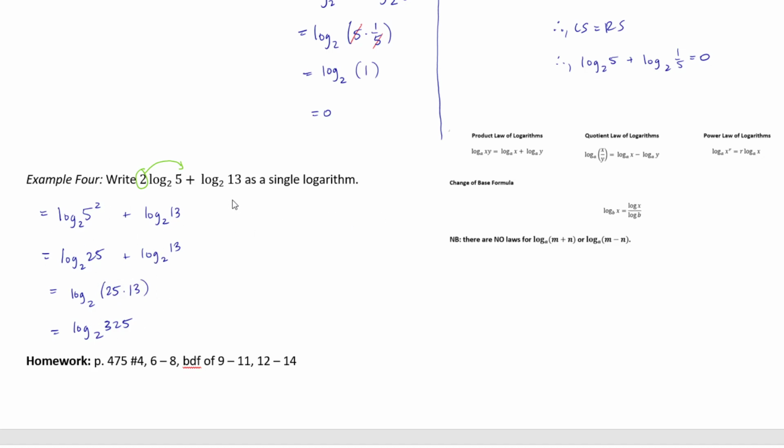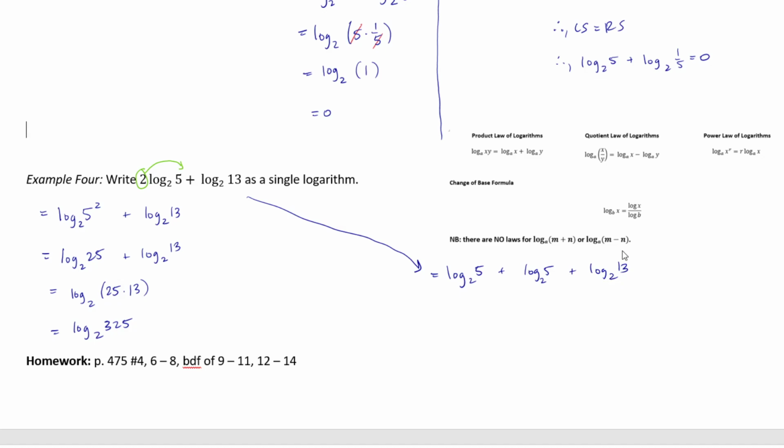Now, there's another kind of fancy way of doing this, and you can actually think of it like this. 2 log 5 base 2 is the exact same thing as saying log 5 base 2 plus log 5 base 2, and then plus log 13 base 2.